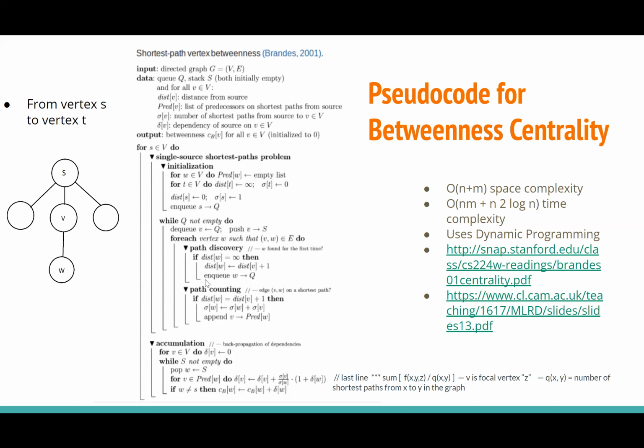And then we will put these W's connecting vertices, the next vertices, into the Q array.